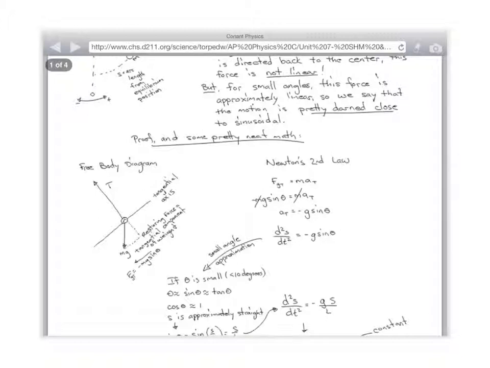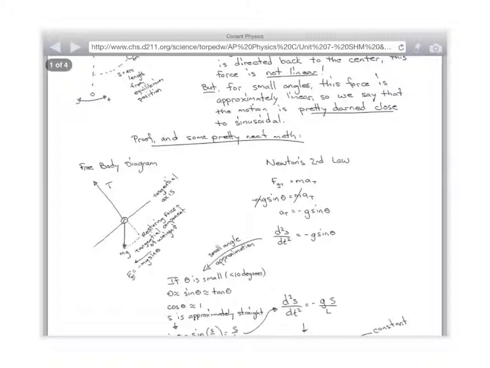If we displace this pendulum a very small angle, do you know what small means when you're talking angles? Less than about 10 degrees, or, how many radians is 10 degrees? 1 radian is about 57 degrees, so about 1/6 of a radian. So if you have 0.1 radians or less, then you can use this.